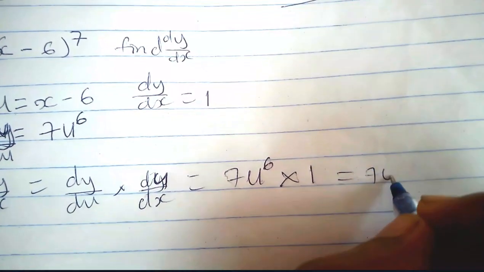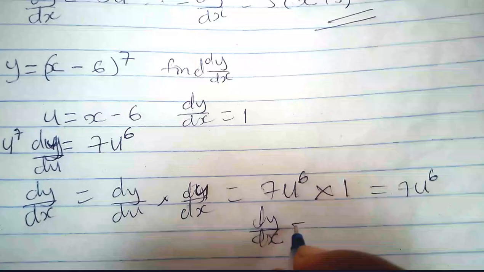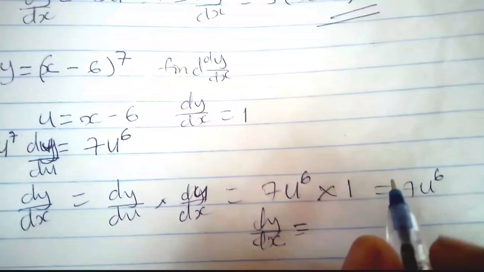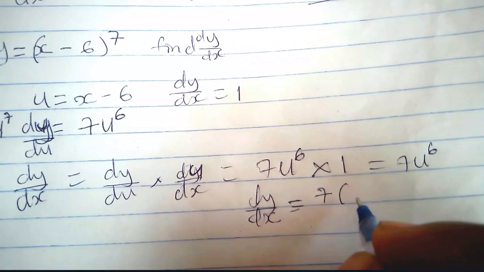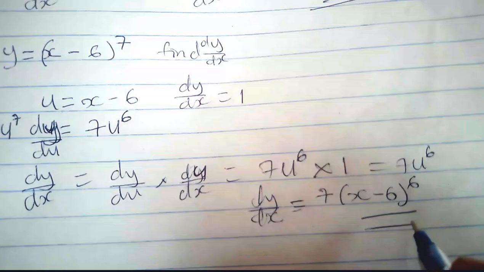So our answer is 7u raised to power 6. But in dy/dx, we have to find the function of y with respect to x, so we have to remove this u, and that u is equal to x minus 6. So we're going to be having 7 brackets x minus 6 raised to power 6, and that's our answer.